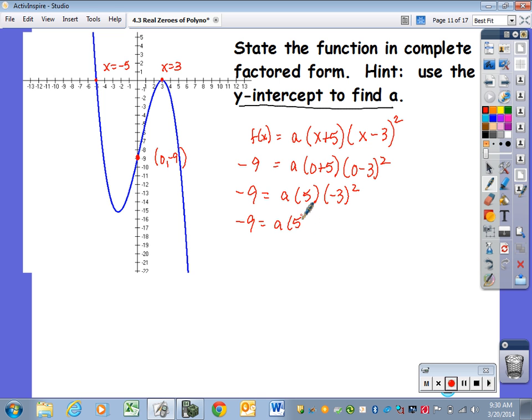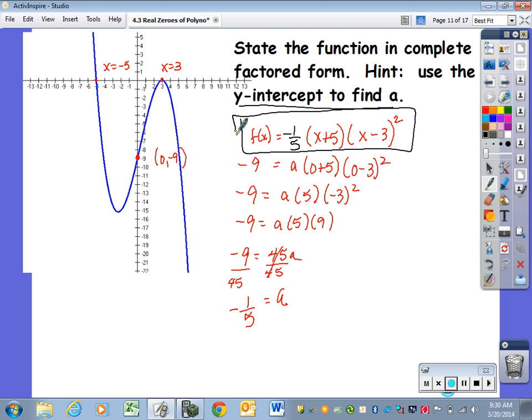A times 5 times 9. -9 equals 45A. Divide by 45. A equals -1/5. So I can replace this with a -1/5. And I have a completely factored form.